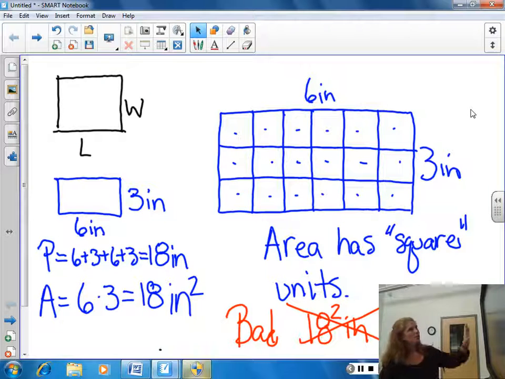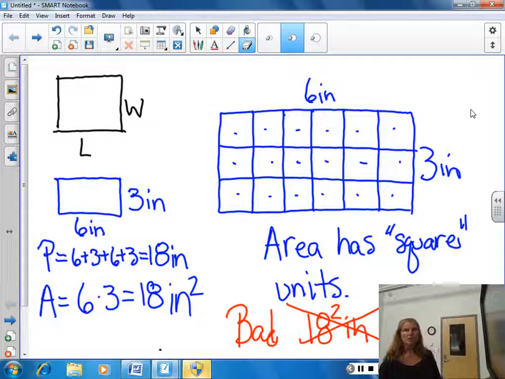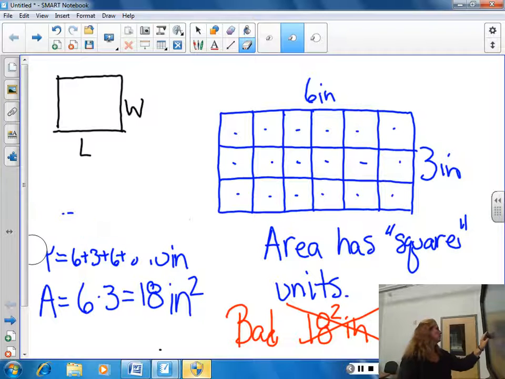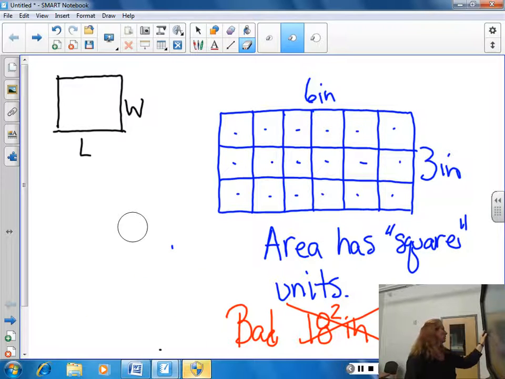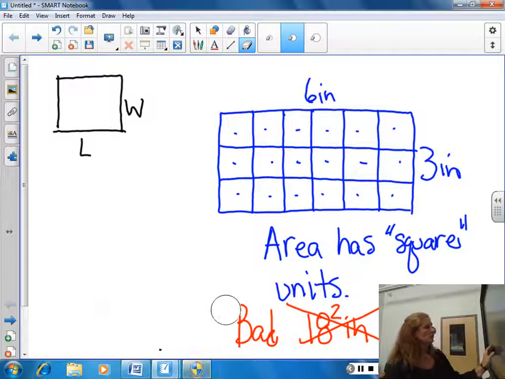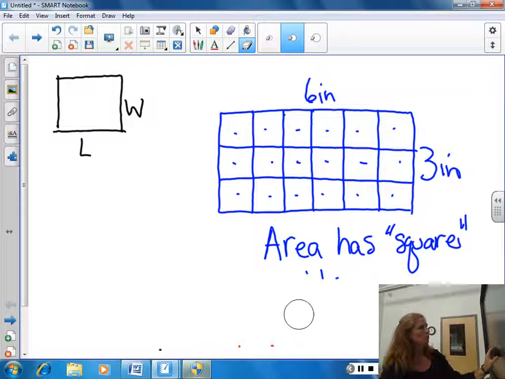So the squares come from the actual picture. You can see that there's squares in there. There's 18 of those square units in there. And all area problems have the square units. Even circles have squares when you're talking about that. So let me just do one more rectangle that doesn't come out to be the same.